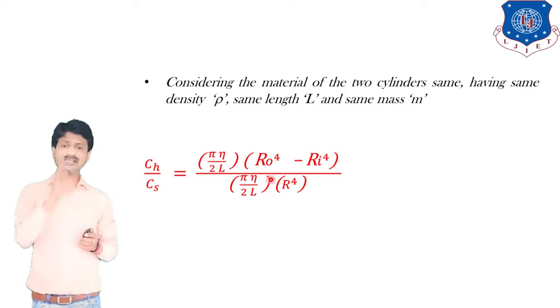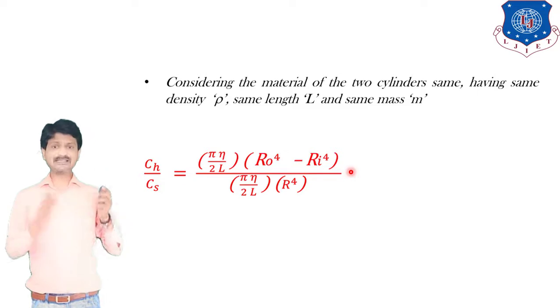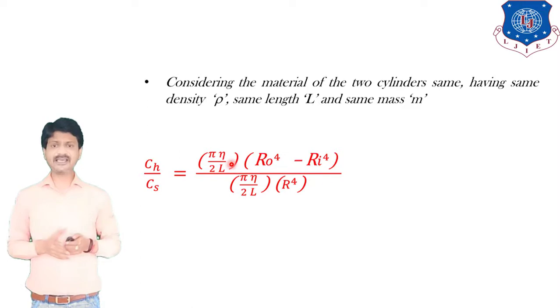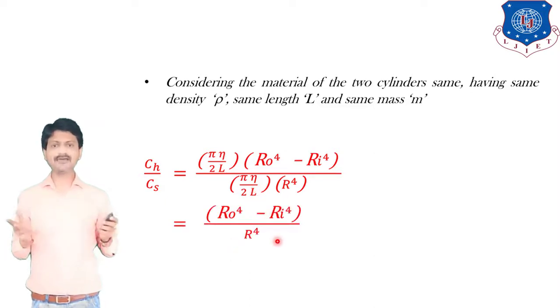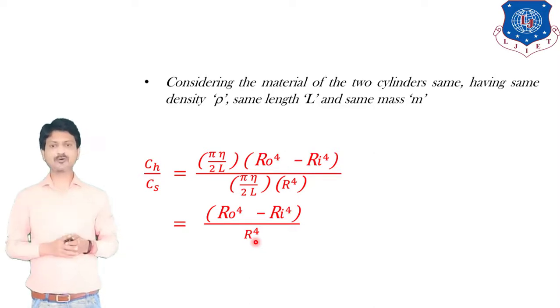Replacing the values of CH and CS, we have CH by CS equals pi eta upon 2L times Ro raised to 4 minus Ri raised to 4, upon pi eta upon 2L times R raised to 4. By neglecting the common term pi eta upon 2L, we have CH by CS equals Ro raised to 4 minus Ri raised to 4 upon R raised to 4.